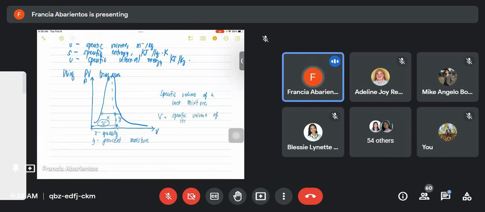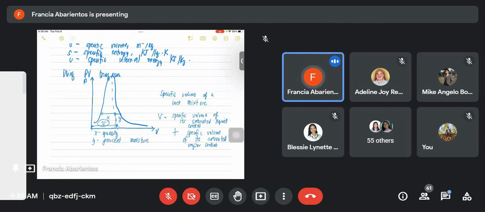Ito, class, yung sinasabi ko. Specific volume natin dito, that is the specific volume of its saturated liquid content. Ayan. Plus the specific volume of its saturated vapor content. Ayan. So, from the figure, class, paano mo malalaman na ang given sa atin is the quality? Okay?